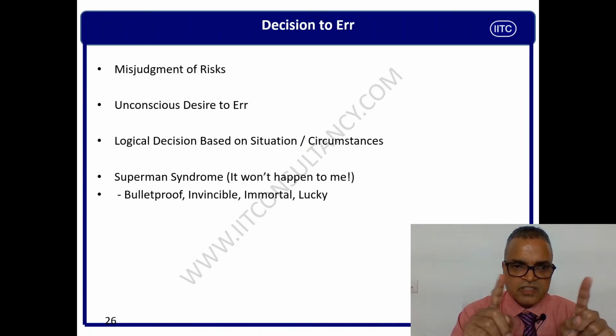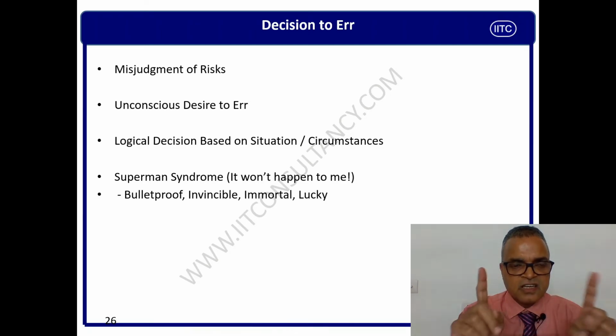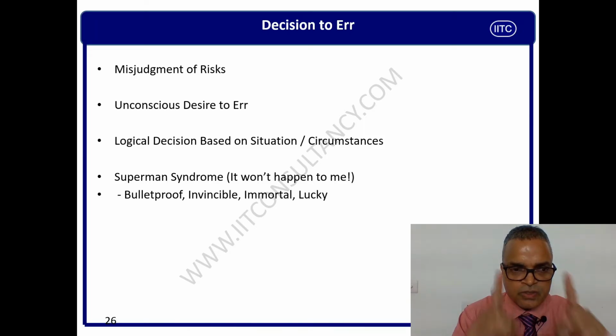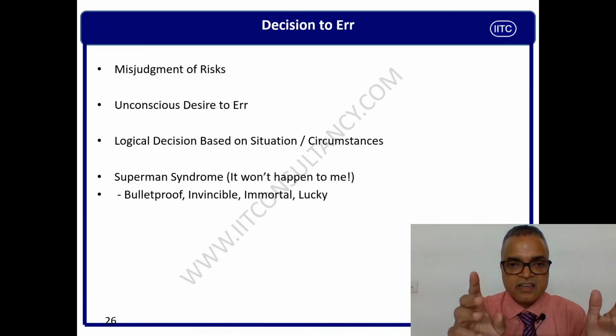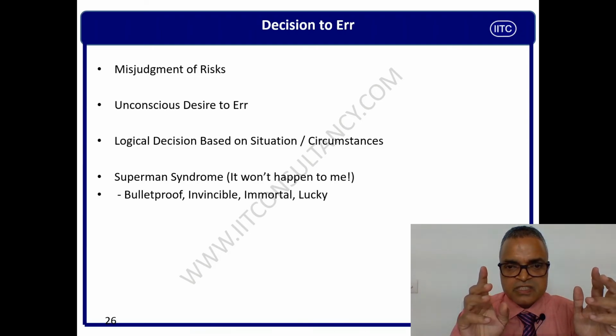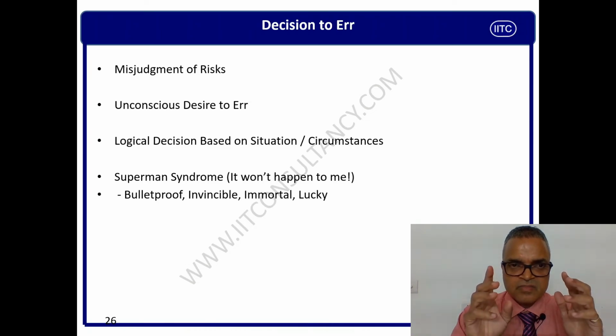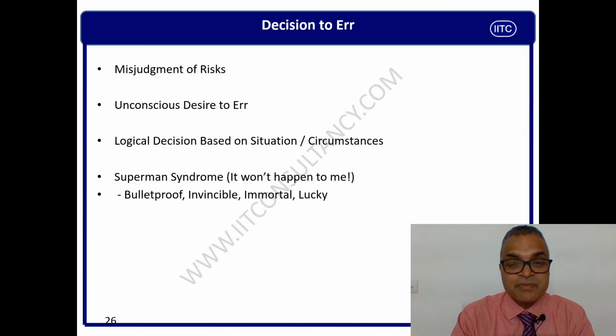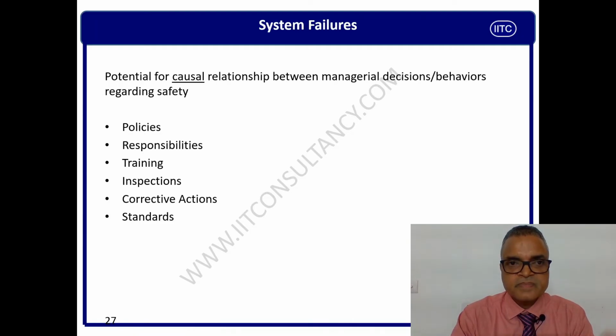Superman syndrome: it won't happen to me. This is a critical thing. It is like complacency and will always create an overconfident situation, which will create an accident. Bulletproof, invisible, immortal, lucky: these are also points which can make a decision to err. These are the credible reasons that result in accidents.